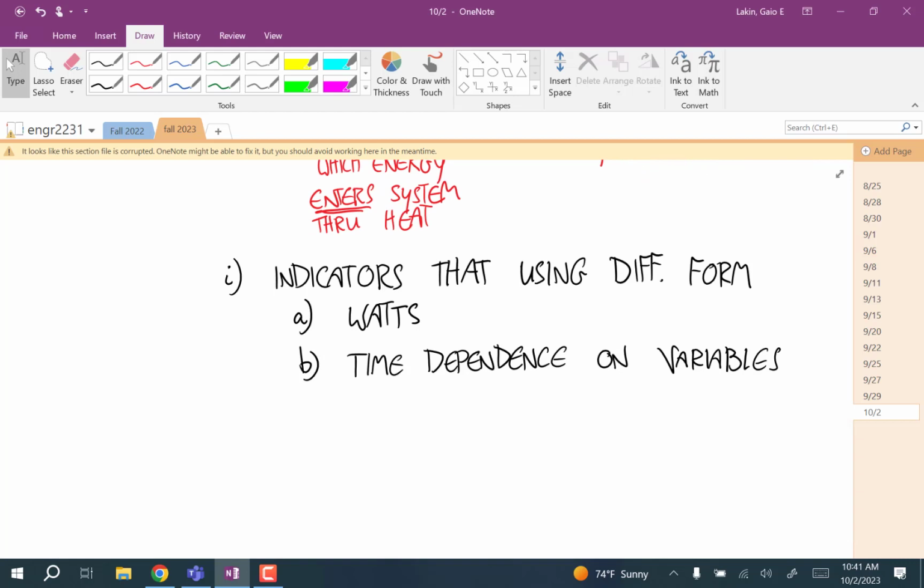And then the third thing is if you're asked to do any heat transfer calculations. I haven't gotten to those yet on this list, but remember we have equations for radiation, convection, conduction. If you're asked to do any of that, you're almost certainly going to be using the first law in the differential form.